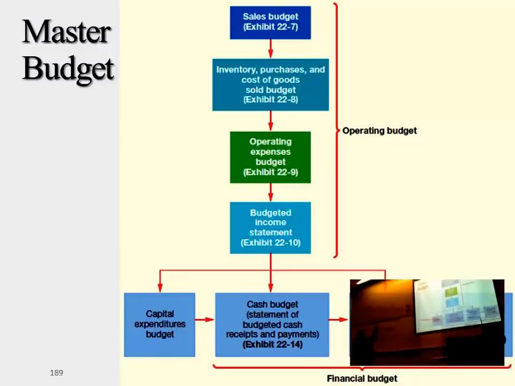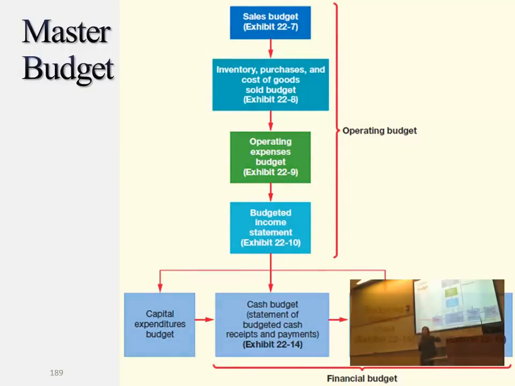And then at the end, in the operating budget section, we want to get to the combined first three boxes, which will give us the budgeted income statement. So the upper part of this graph is essentially the same thing I wrote on the whiteboard here, leading to the budgeted income statement, but specifically breaking down into three components.